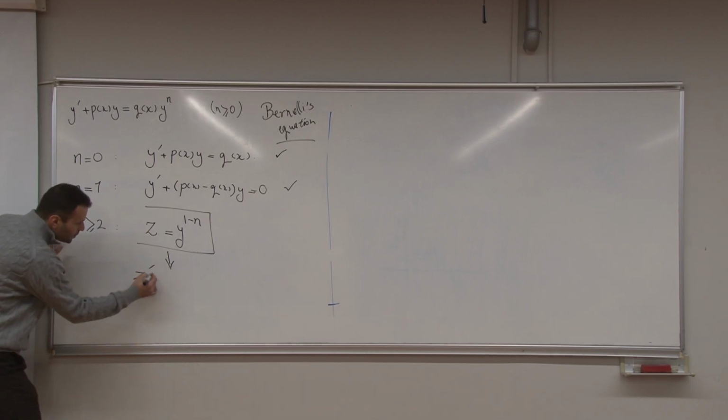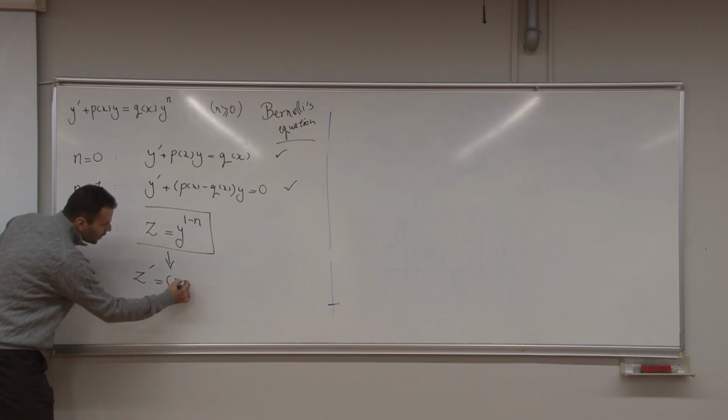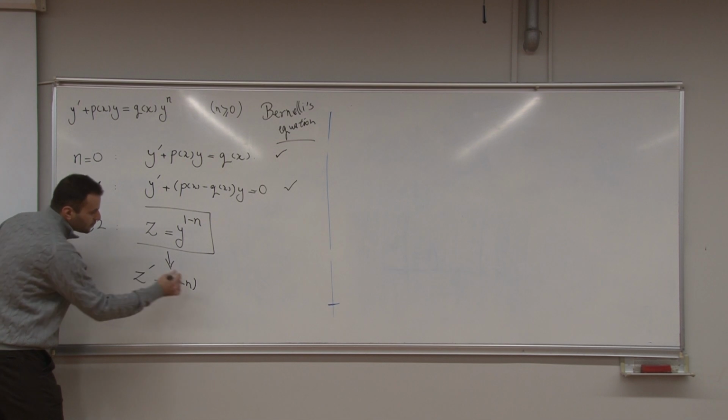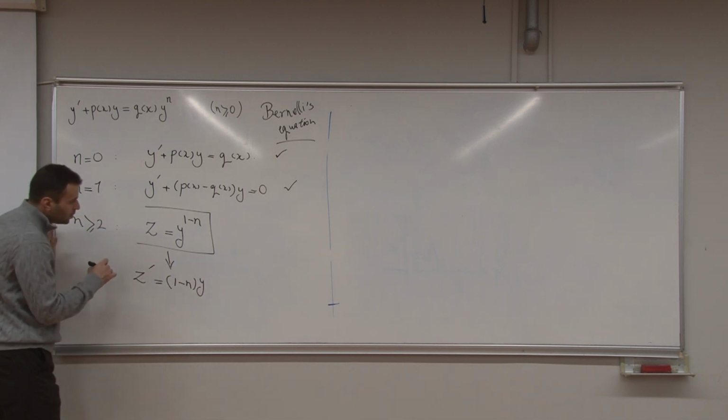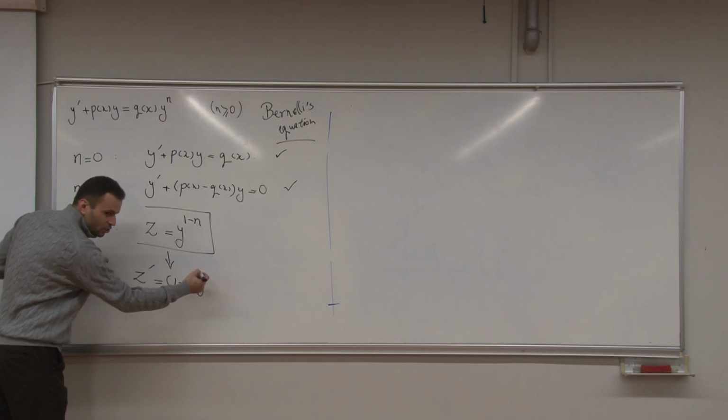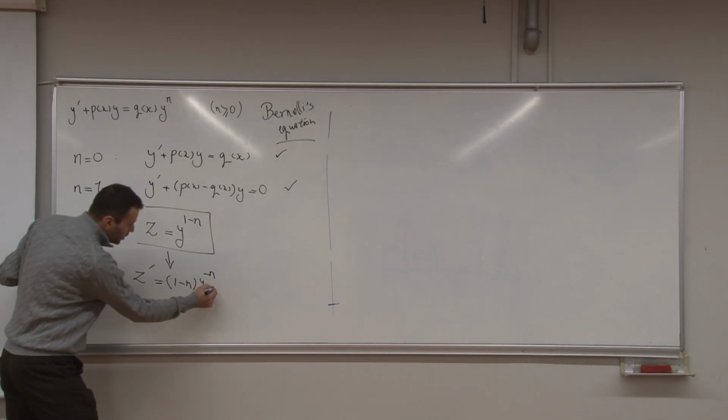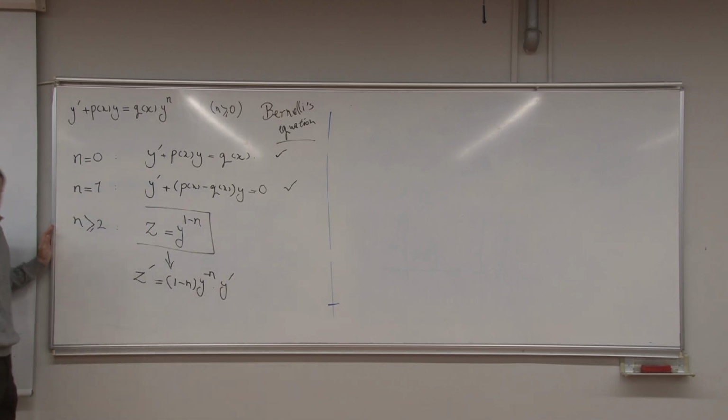The only way that I can extract this y prime is by taking the derivative. So z prime is going to be equal to 1 minus n, y to the power of 1 minus n minus 1, which is minus n, times y prime. Okay?